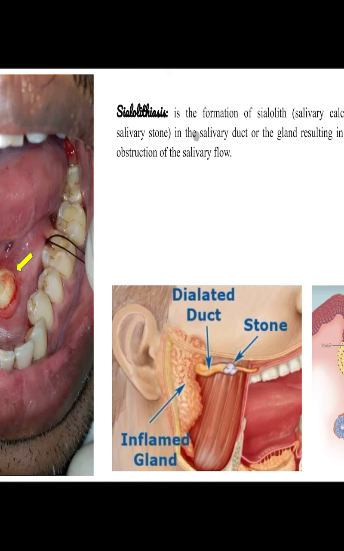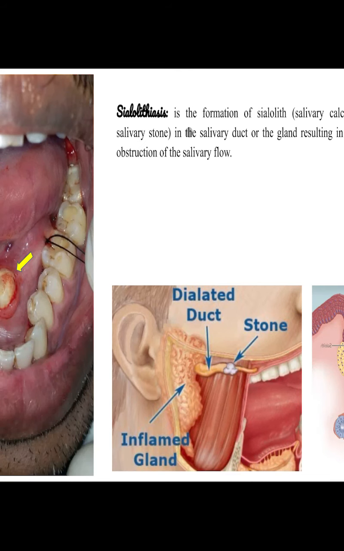It is a crystallization of saliva. It is yellowish and white in color, single or multiple, ranging in size up to 2 centimeters or more. It is said that the salivary stone will grow at a rate of 1 millimeter each year.